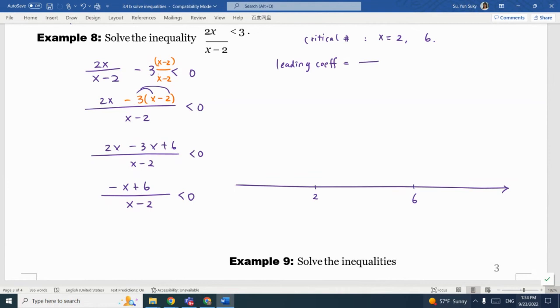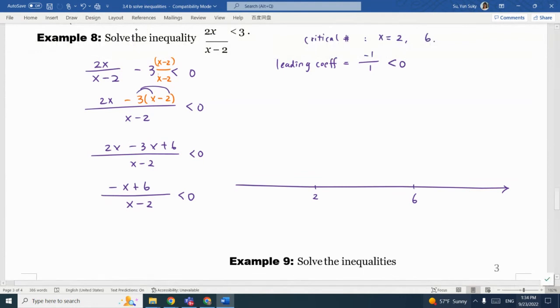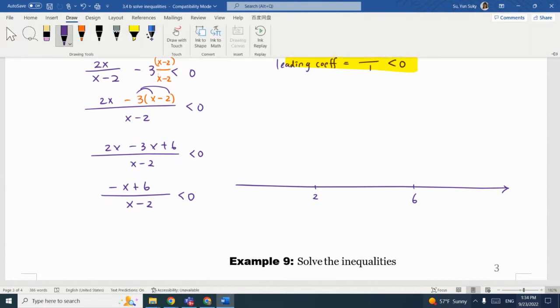You get -1 over 1. Let's highlight it. This is very easy to make mistakes. You see, everybody? Leading coefficient. Look at this one. Don't look at that one. Okay. And because it's negative, we start with the.